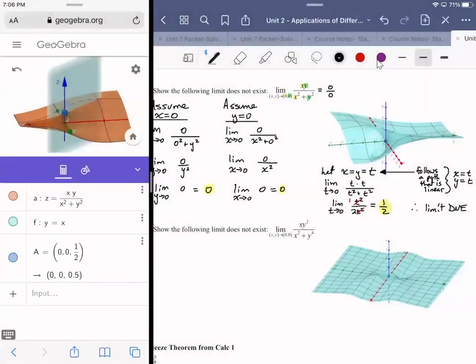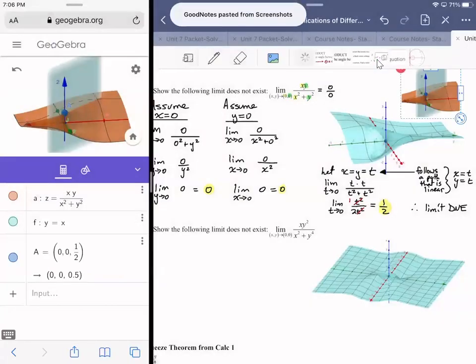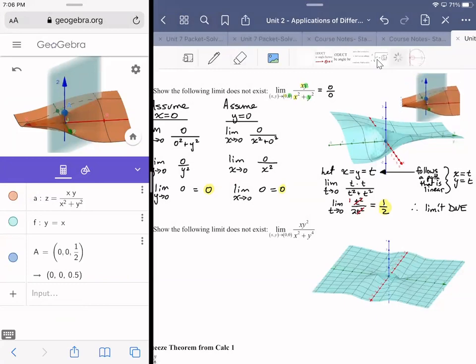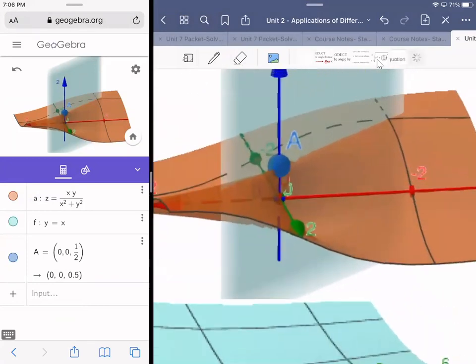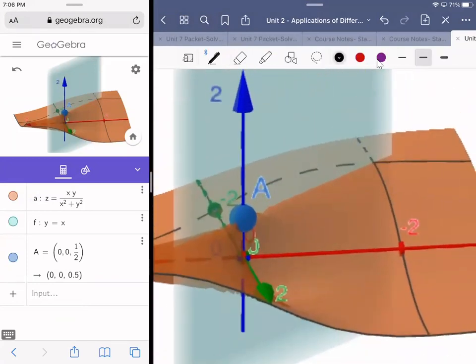Why not? It's a hideous color, but it's fine. Paste it in there. So what I'm saying is, regardless of the direction, we're starting off at some point over here, and we're walking along this path, the path created by the intersection of the plane, and it's taking us to this location. All the other pathways are taking us to a different location. And that's the key.